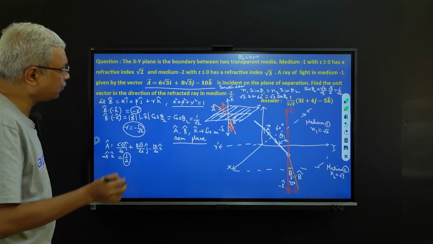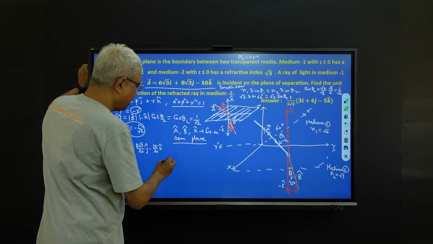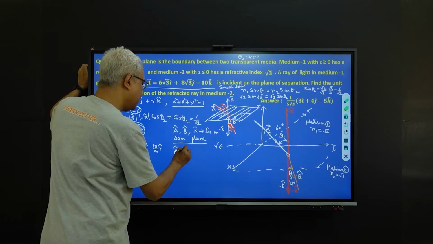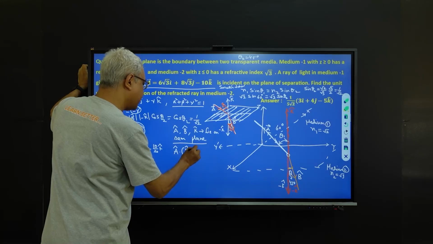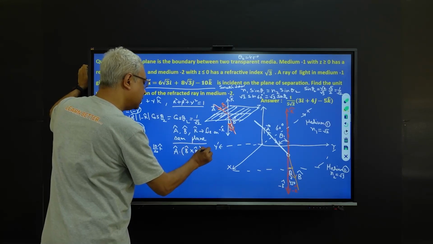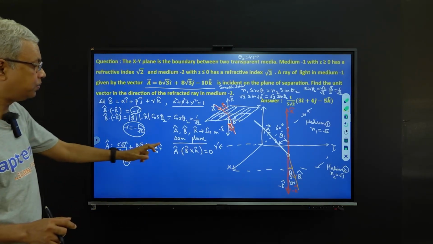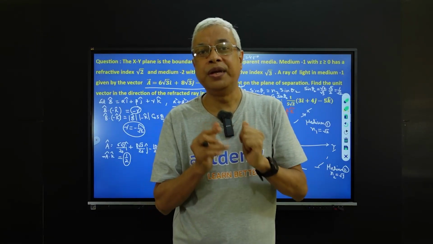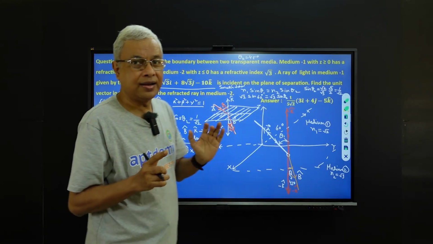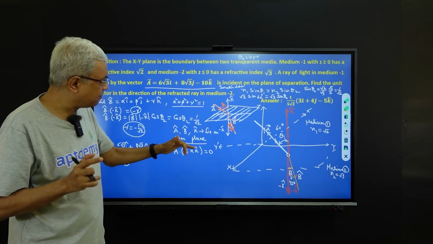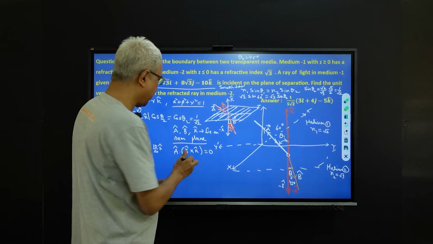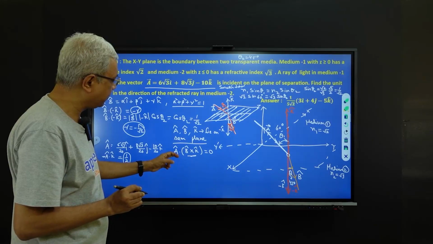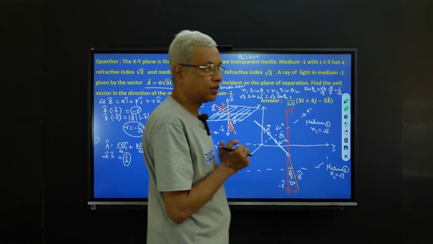So how do I impose this condition in this problem? I can write a cap dot b cap cross k cap must be 0, because b cap cross k cap is a vector perpendicular to both b cap and k cap, and if a lies in the same plane, then this vector b cap cross k cap and a cap must be perpendicular to each other.